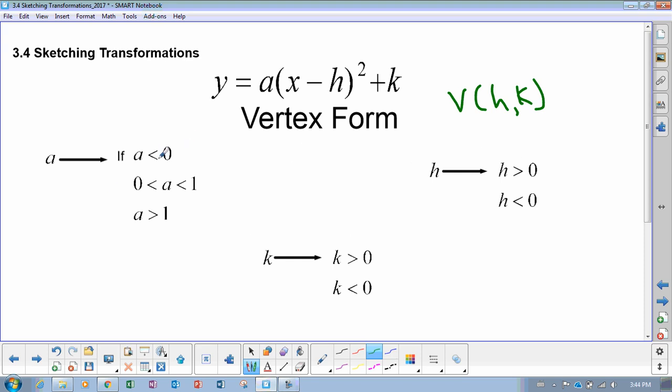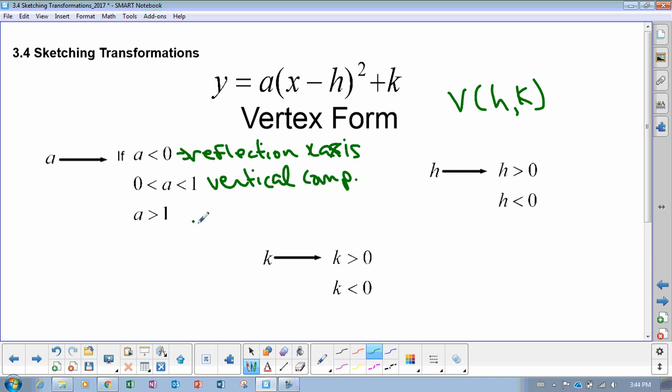So as we learned yesterday, if a is less than 0, that means we have a reflection of the x-axis. If it's between 0 and 1, that means we are going to have a vertical compression. And if a is greater than 1, that is a vertical stretch.